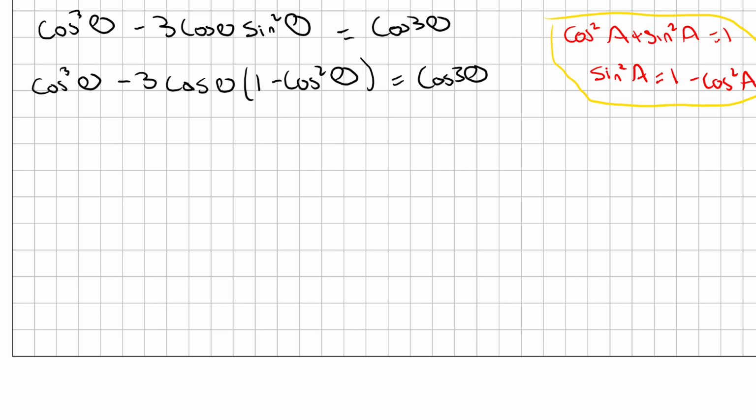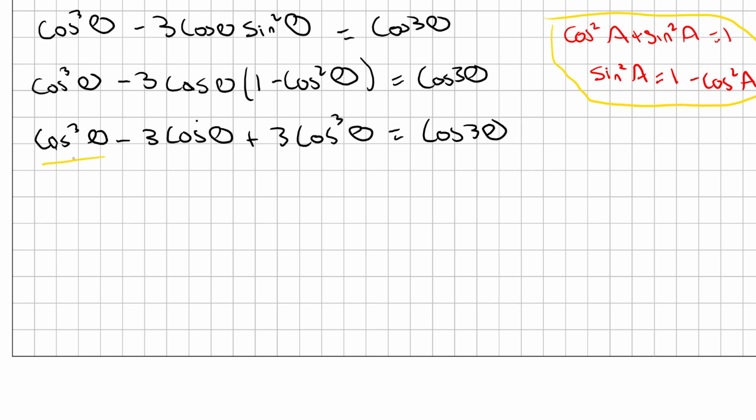When you multiply that out, you get cos cubed theta minus 3 cos theta by 1, which is just minus 3 cos theta. When you multiply minus by minus it becomes plus, so 3 cos theta by cos squared theta is plus 3 cos cubed theta, and that is equal to cos 3 theta. These two go together because they're the exact same terms.